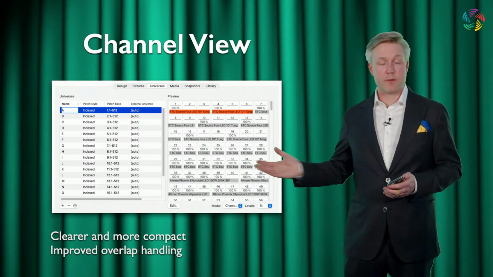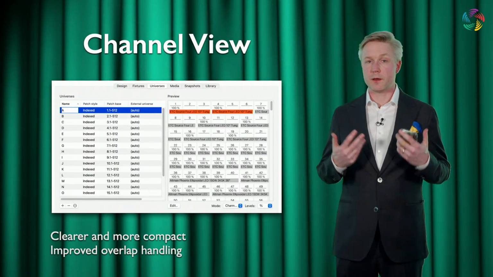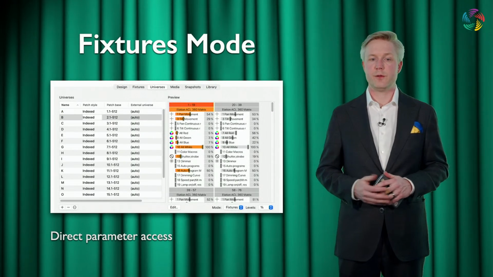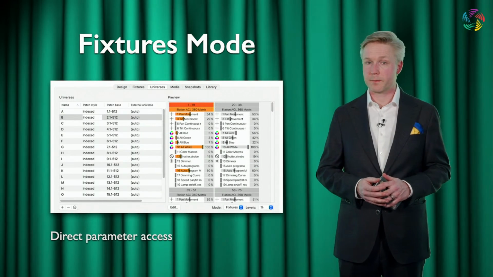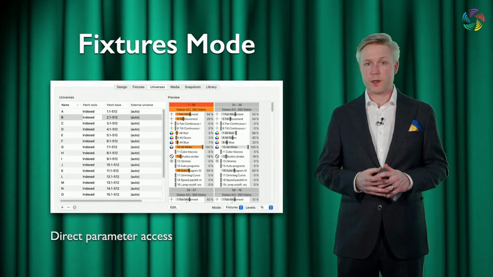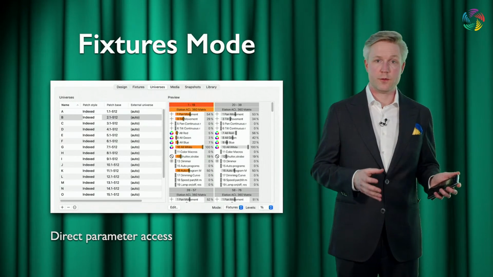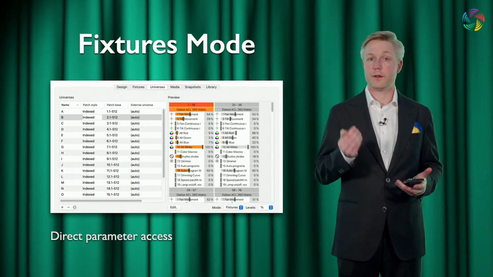However, now that we have removed the channel name, we felt the need for something more. So we are also introducing the fixtures mode view of universes. In this view, we are not so much focusing on the layout of fixtures in the universe as simply which fixtures are in the universe and what is inside them.